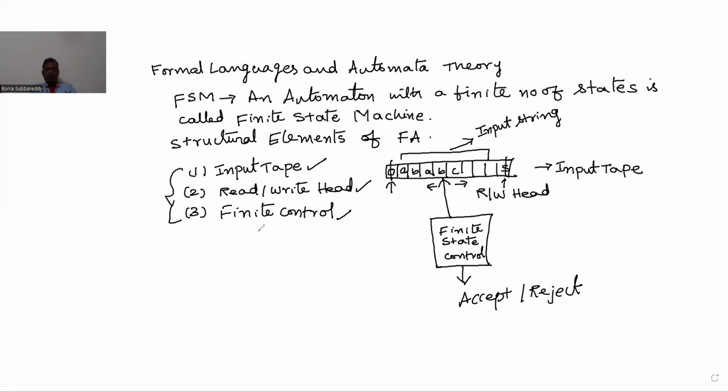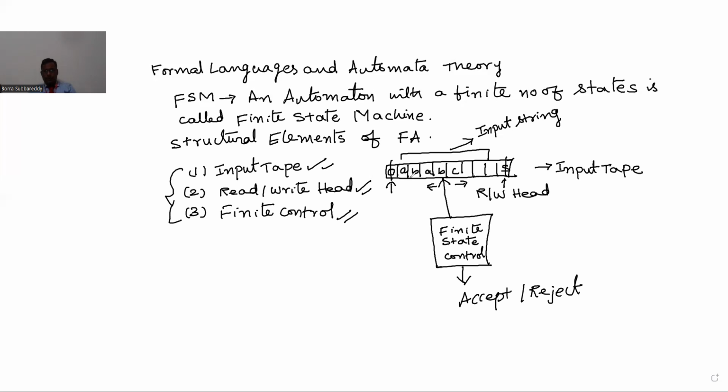So I repeat once again, what is the finite state machine? An automaton with a finite number of states is called finite state machine. In finite state machine, we have three basic components: input tape, read write head, finite control. The input tape is divided into squares.